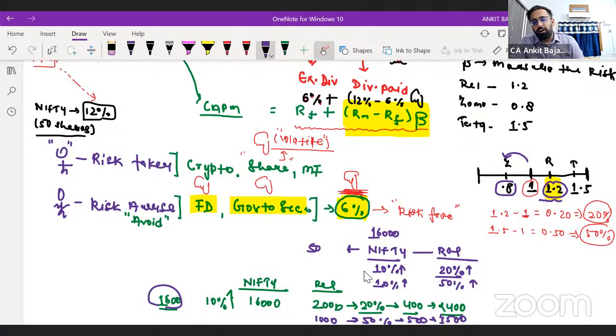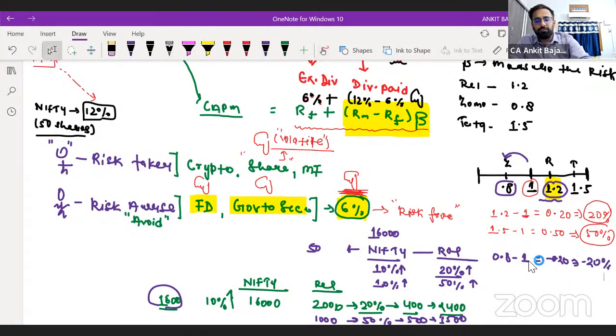If the market is going up, the security price will also go up. But in this case, beta is 0.8, so if I do 0.8 minus 1 here, I will be getting minus 0.20. If I convert this into percentage, I will be getting minus 20%, right?